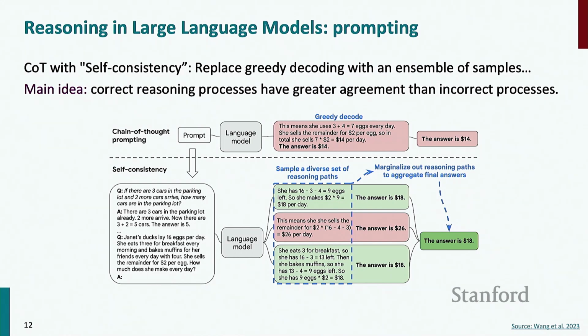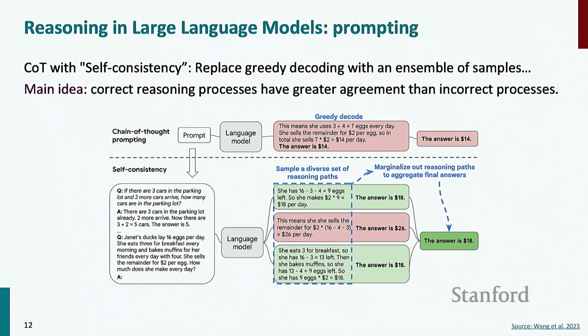So another popular way to prompt language models to do reasoning is via self-consistency. So here what we do is instead of greedily sampling a rationale followed by an answer, we're going to sample multiple reasoning steps and correspondingly multiple answers, okay? So what we see in the figure on the right, we have a question, and then what you would normally do with chain of thought prompting is you would greedily decode a rationale and then condition on the rationale, generate an answer.